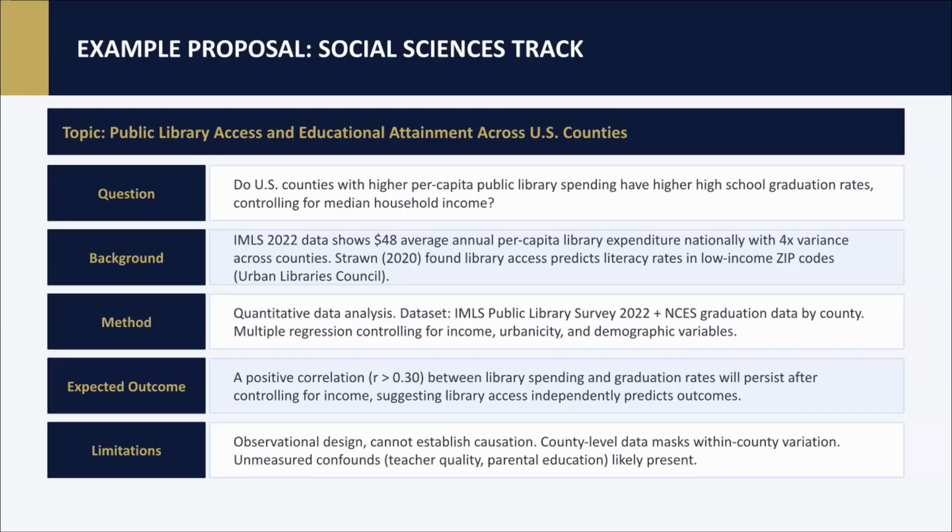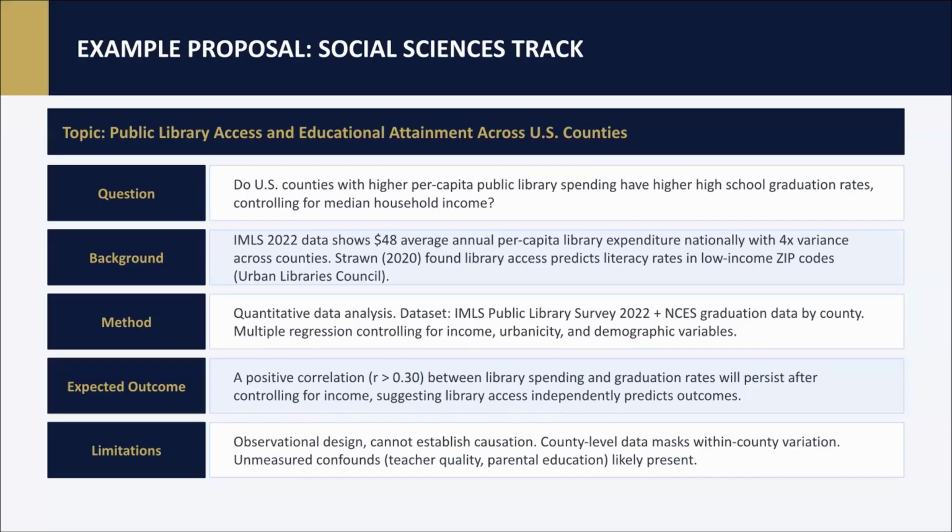The background: data shows a $42 average annual per capita library expenditure nationally, with 4 times the variance across counties. And then, a study found library access predicts literacy rates in low-income zip codes.